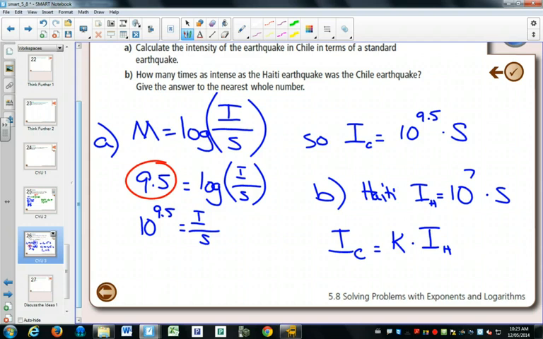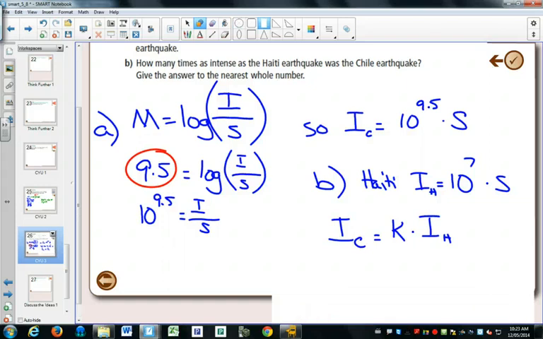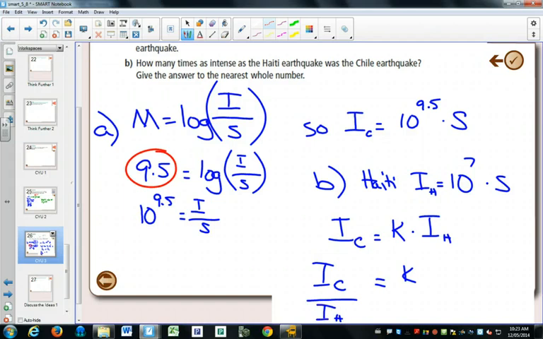Now, if you wanted to get K by itself, what would you do here? You would divide. So that's not hard. K is intensity of Chile over intensity of Haiti.